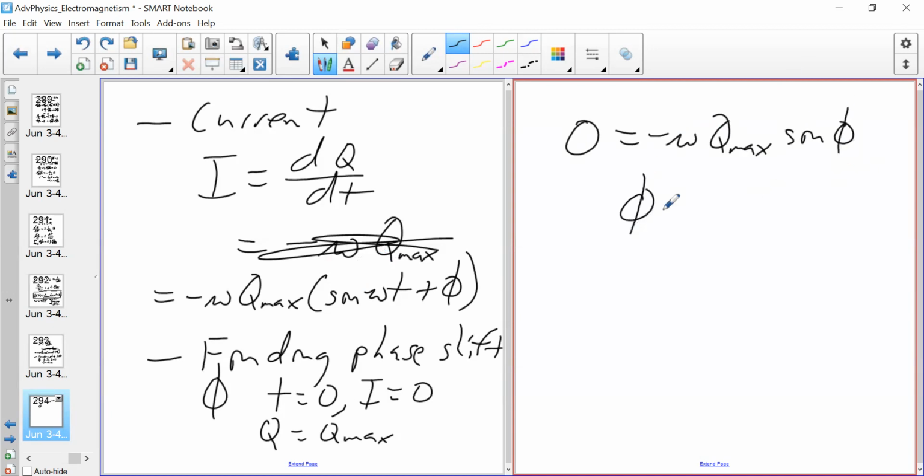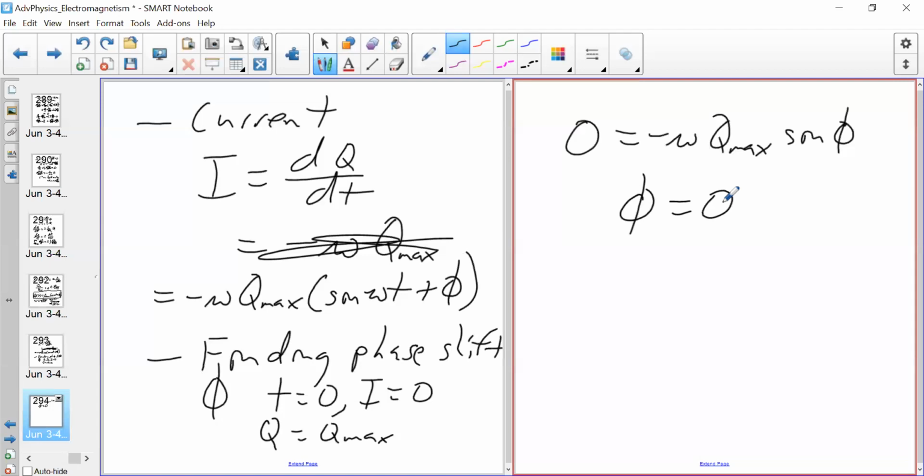So then we know that there is no phase shift, phi is equal to 0. So we start at the natural sine and cosine functions. There's no shift. That's what this means.